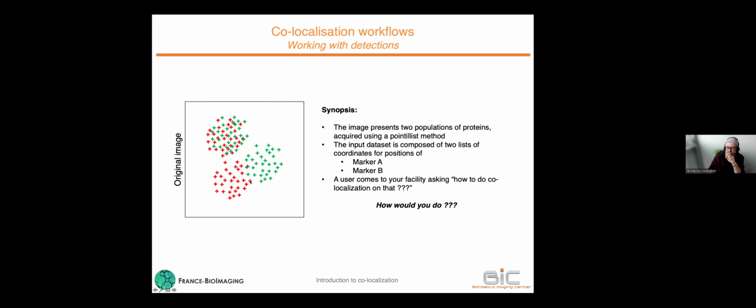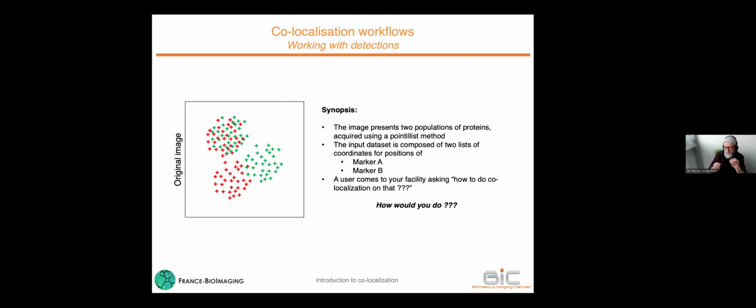Well, I place myself in a situation where you've got a super resolution image. So basically, you've got localization. It's an image that has already been processed where you have detected all the PSFs.